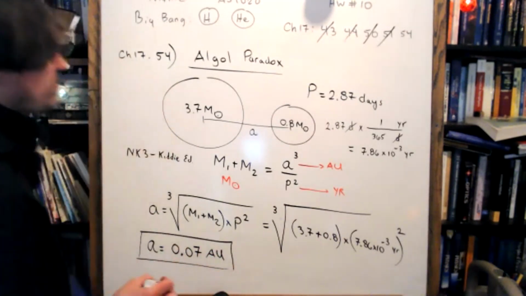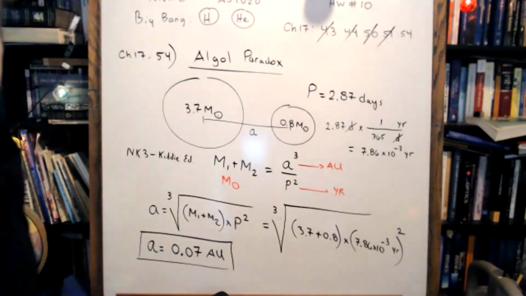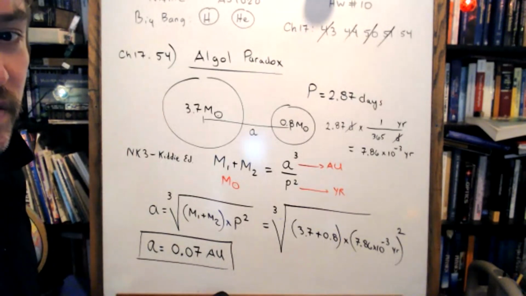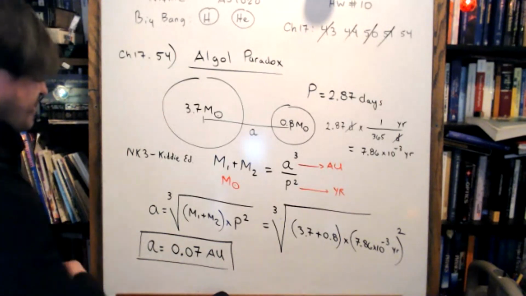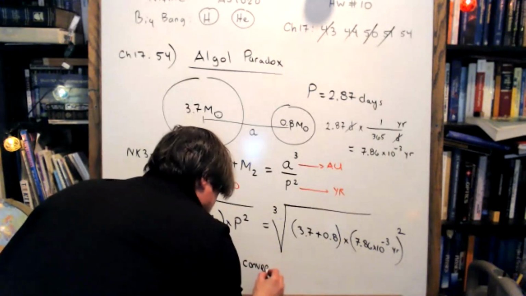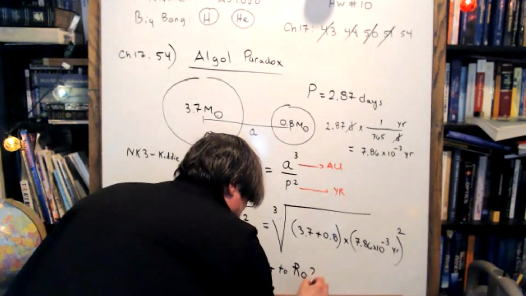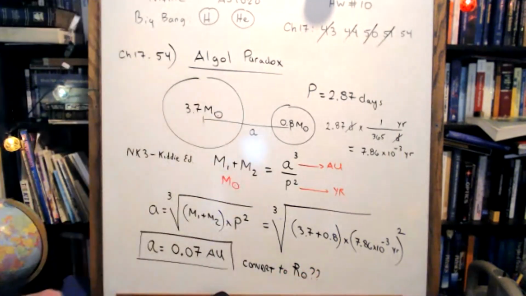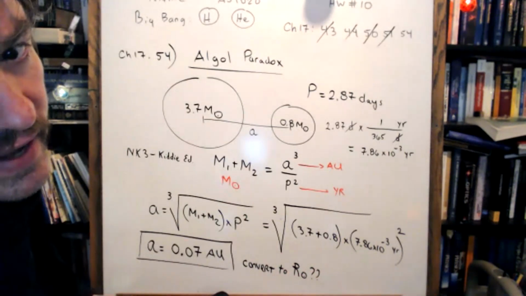Even though this is our answer for our separation, there's something else that you guys need to think about. Let's convert this to solar radii. And Mateus, I'm going to pester you for more dimensional analysis, okay?